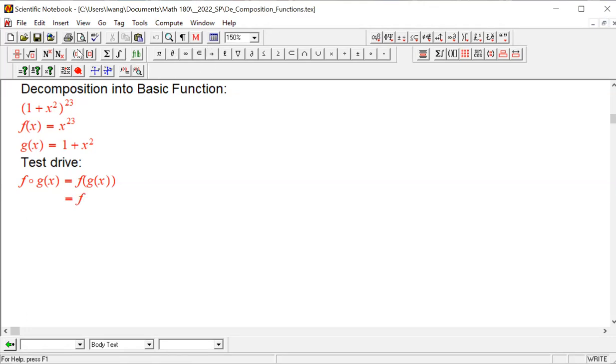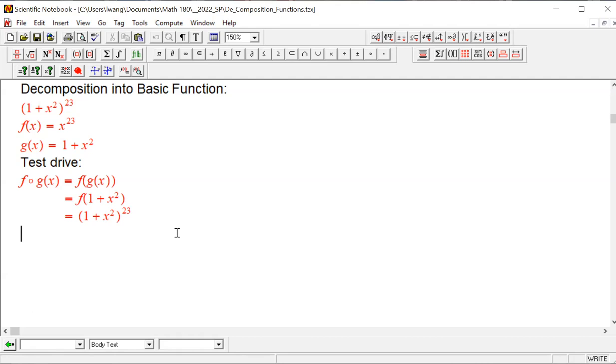So f composite g, where g is 1 plus x squared, gives f of 1 plus x squared. Now we bring the rule of f into our application: we take the input and raise it to the power 23. That's it. It works. You can see we do it from outside in.